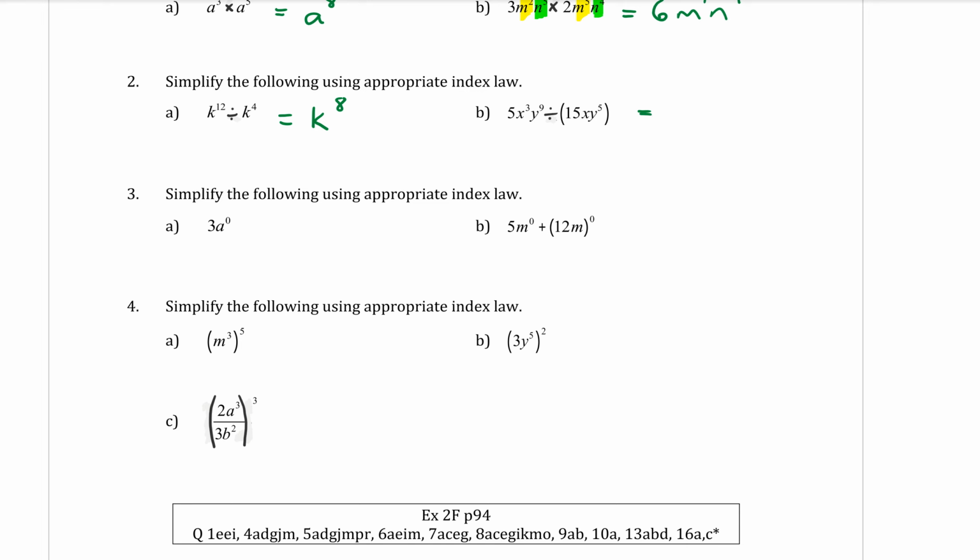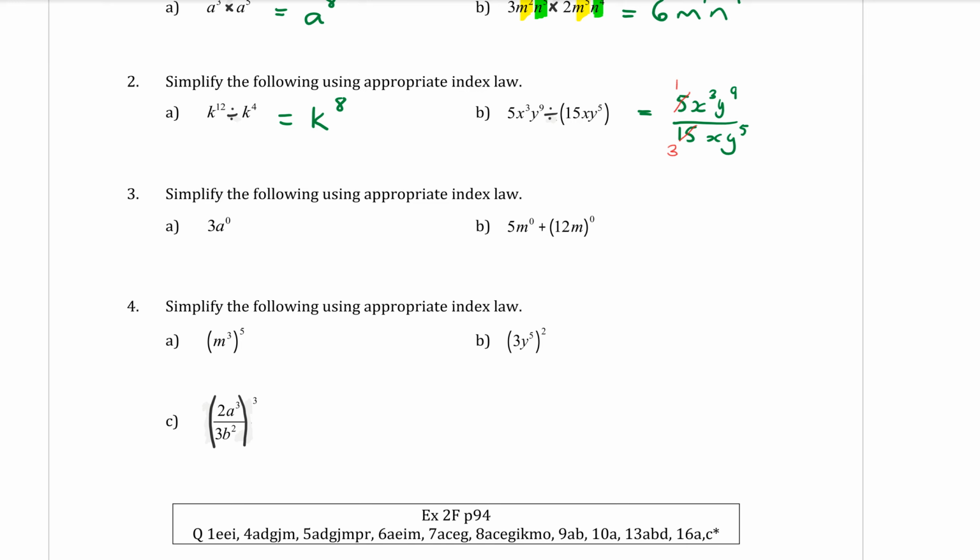So 5x cubed y to the 9 on the top, and on the bottom 15x y to the power of 5. Okay, so then my numbers out the front, both of them can divide by 5, giving a 1, and 15 divided by 5 is a 3.